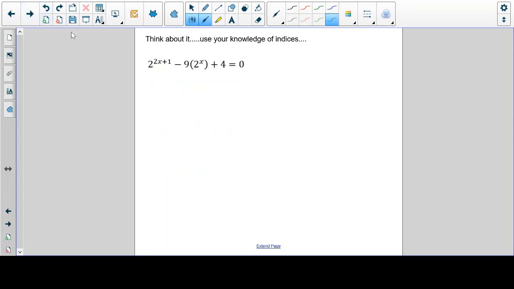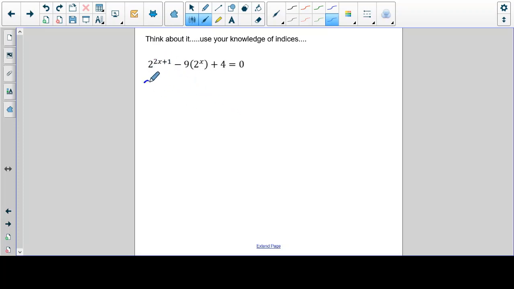Similar to the next one. Have a look at that. 2 to the power of x. This isn't just 2 to the power of x squared, because that would be 2 to the power of 2x. We've got this extra plus 1. So what's going on here? Well, this extra plus 1 must be coming from multiplying by 2 again. If you multiply by 2, you add an extra 1 to the power.